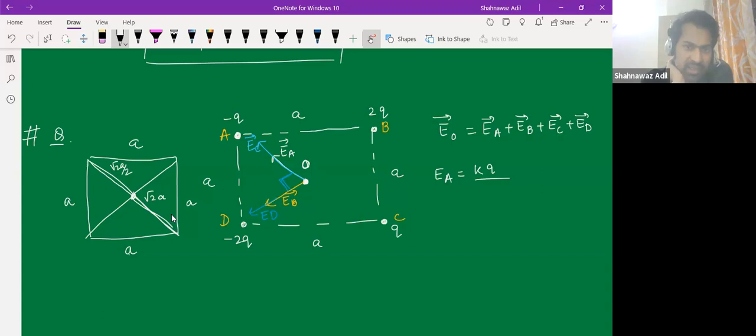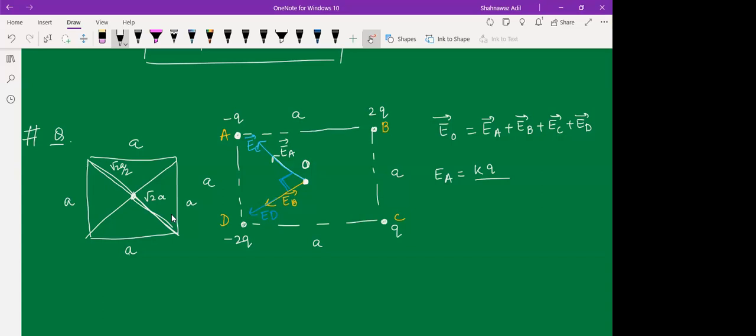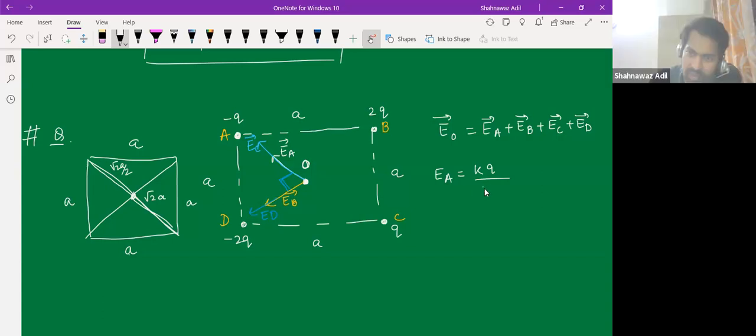Is that clear, guys? Yes, sir. So this was root 2a by 2 whole square. Similarly for C, this is K, Q divided by root 2a by 2 whole square.